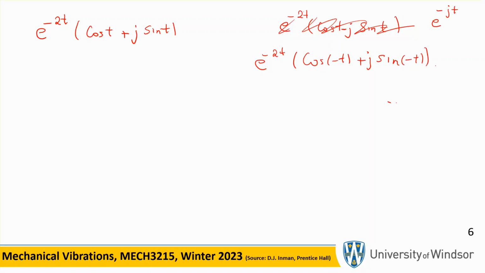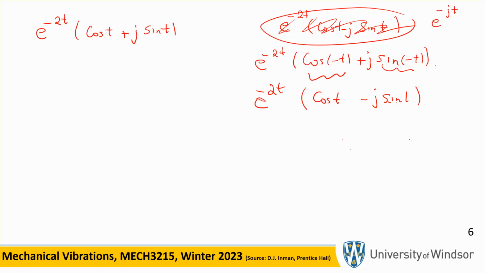Cosine of minus t is the same as cosine of t, and sine of minus t is minus sine of t, so it's cosine t minus j sine t, times e to the minus 2t. And this is what I wrote for you in one step. It's the same thing, I just wrote it in one step, but that's where it's coming from.